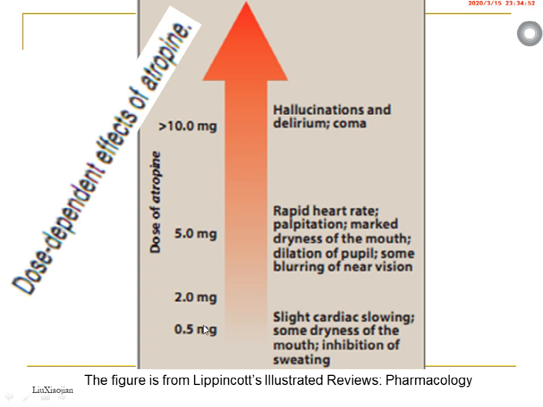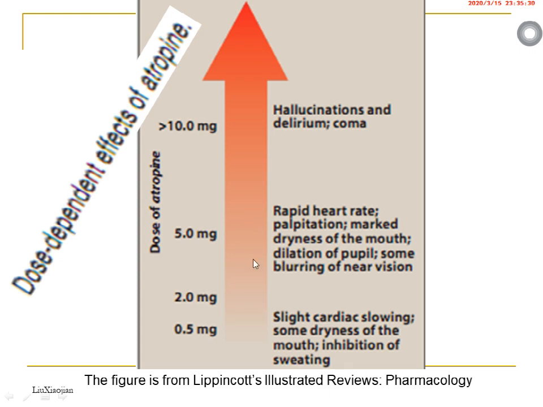And you know, the M receptor has no selectivity to the subtypes of the receptors, but actually different receptors in different organs have different sensitivity to atropine. So usually the heart, at a low dose, shows bradycardia, and the glands are more sensitive to atropine, with secretion decreased.